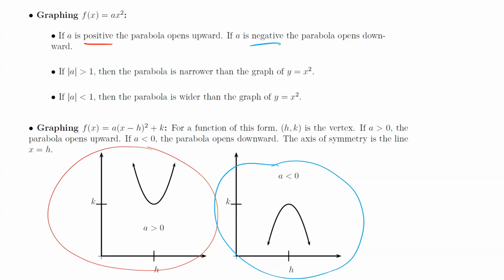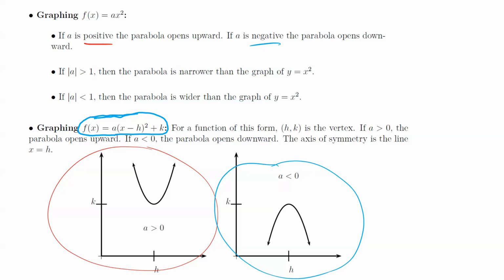All right. So now putting all this together, what we can say is in general, if a quadratic function is written in this form, then you can actually tell a lot from it. If a is greater than 0, it opens upward. If it's less than 0, it opens downward.